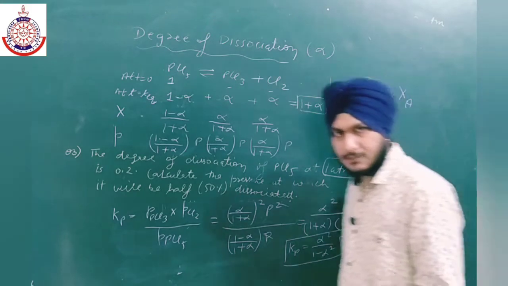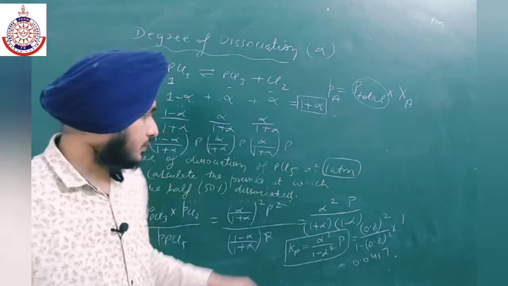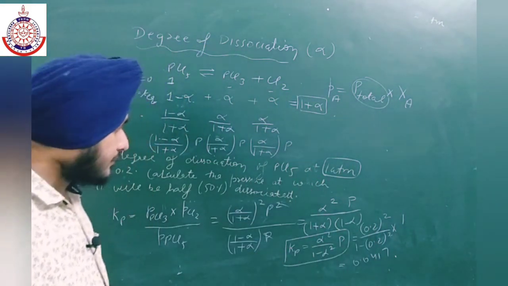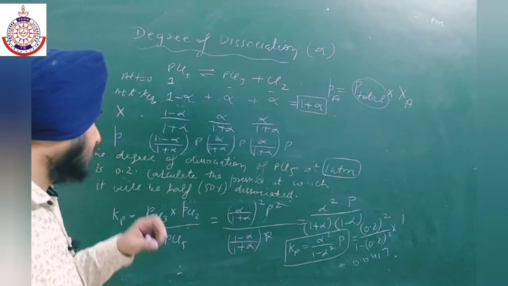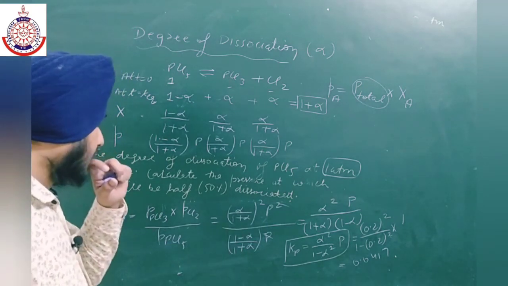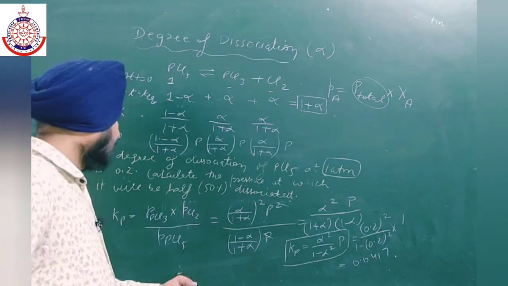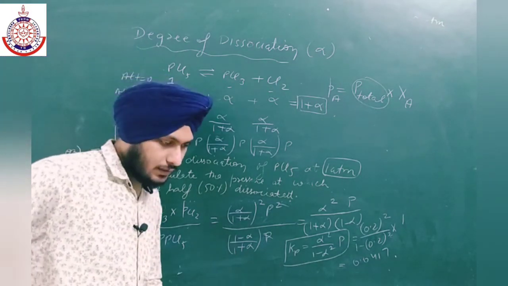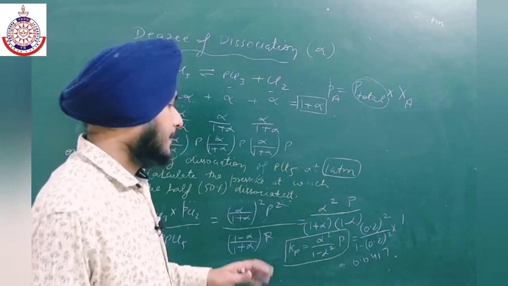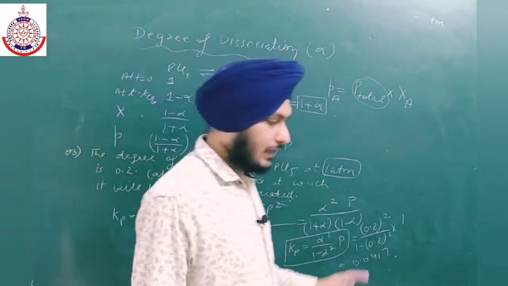You can check it from the textbook, or just do the calculation and we will get 0.0417. Okay, this is the Kp value that we have calculated.